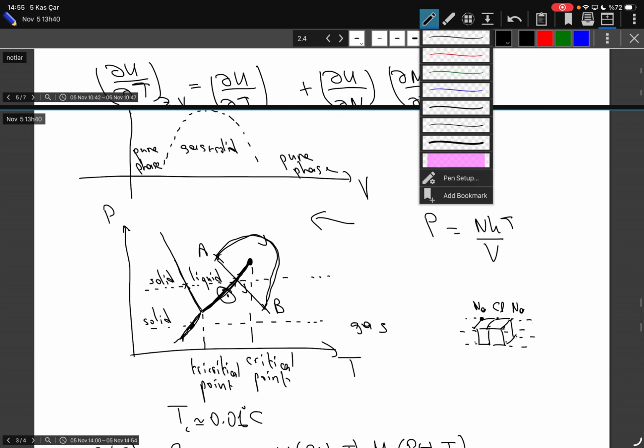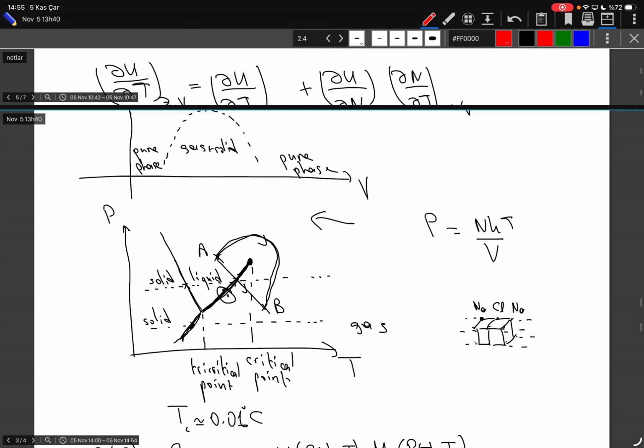For water, the diagram I should have had should be something like this. The slope had to be negative for water. Any questions?